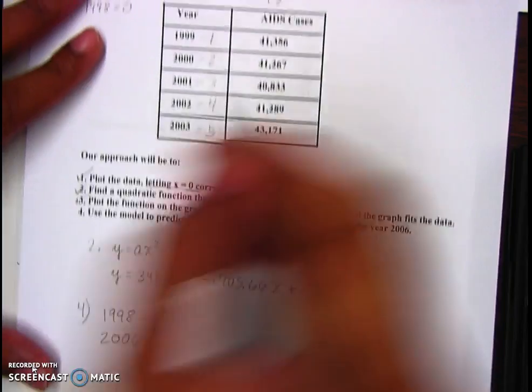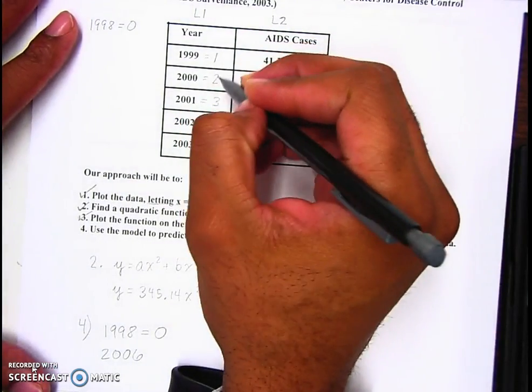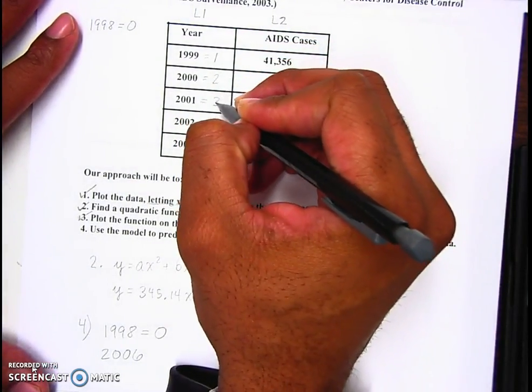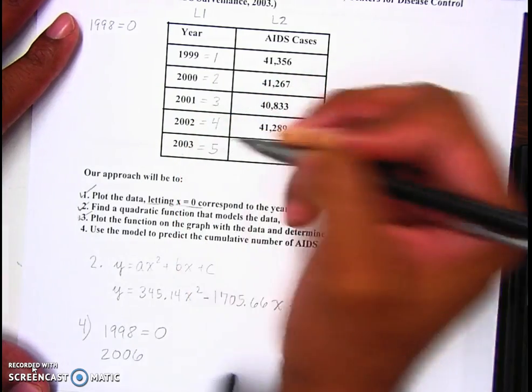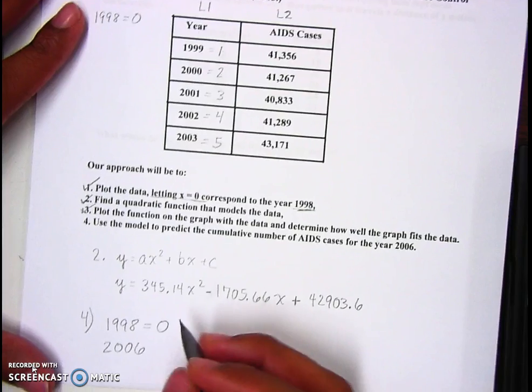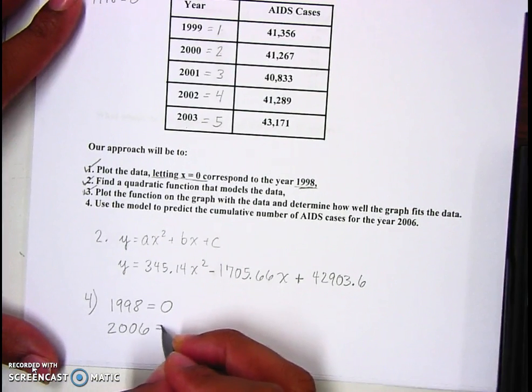If you need help on that, if 99 was 1, 2000 was 2, 2001 is 3, 2002 is 4, 2003 is 5, 2006 would be what number? 8.